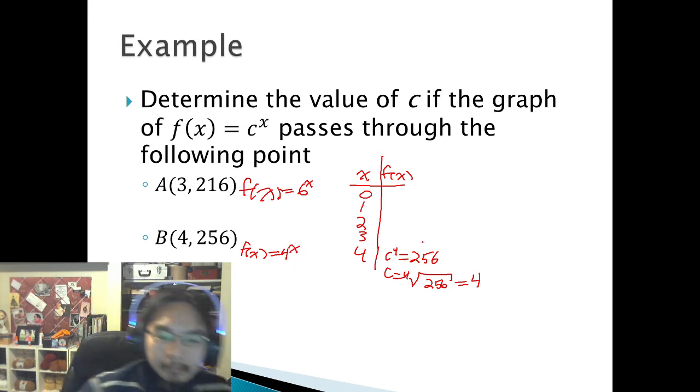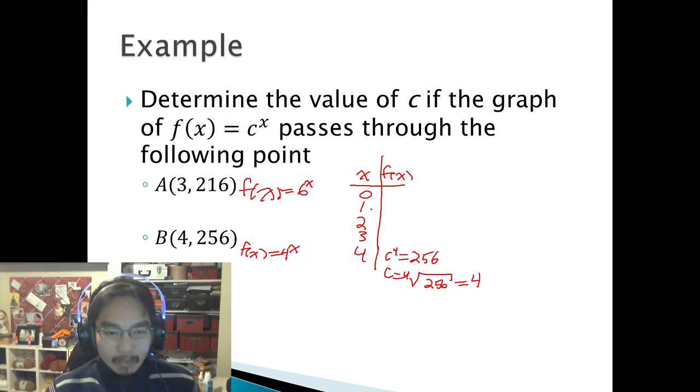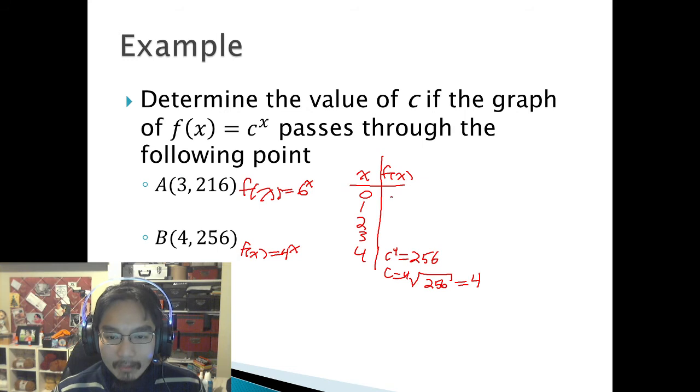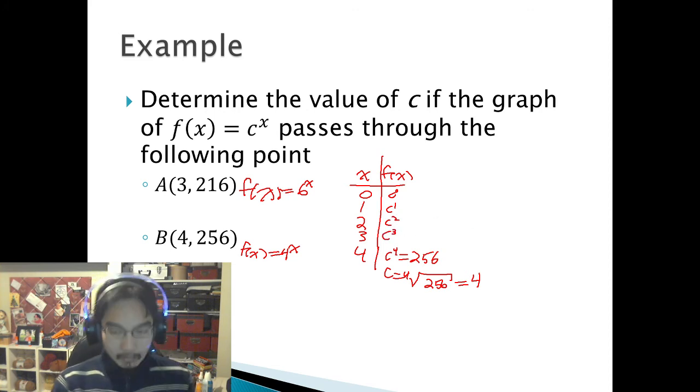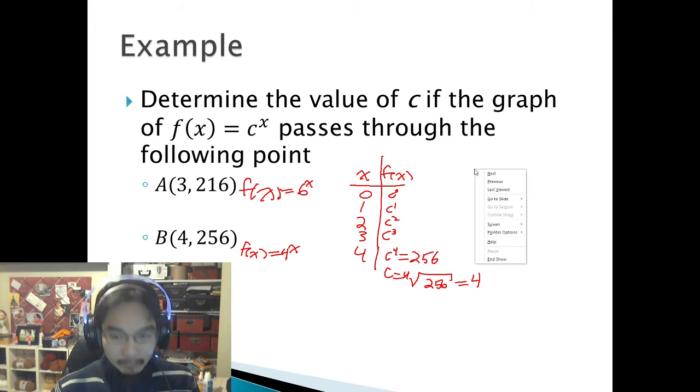There we go. So that's how we can determine the equation if we know at least 1 point. Again, because as the exponential function goes up, we just take whatever the value of c is and take it to the power of whatever x is. Okay. So that's how we can graph.